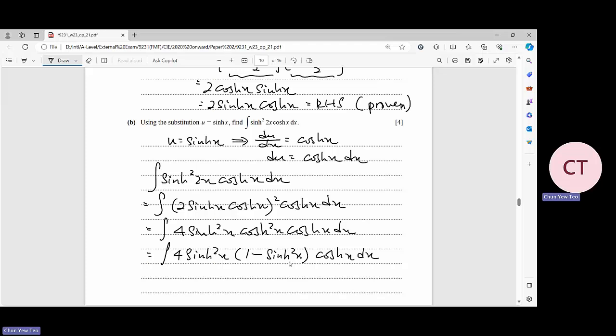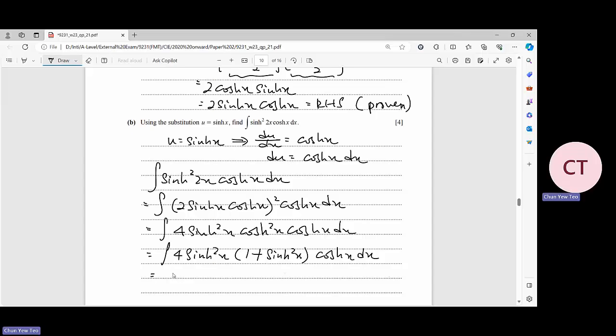Oh, I made a mistake, because this one is easy to make a mistake. In trigo we have cos square plus sine square equal to 1. But over here this one is hyperbolic, not trigo. So the formula is supposed to be cosh square minus sinh square equal to 1. So cosh square is actually 1 plus sinh square. This is not minus, it's a plus. So you have to be careful when you use this formula.